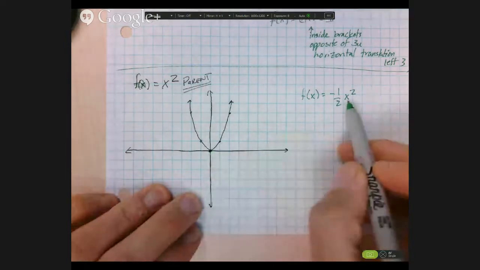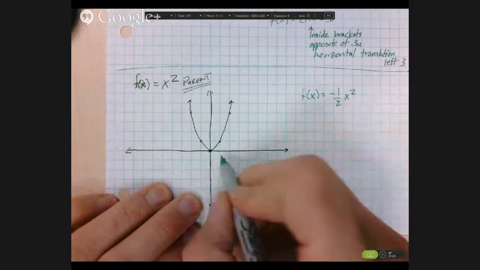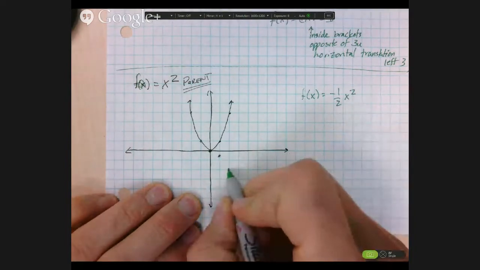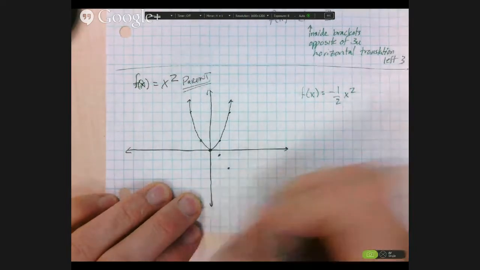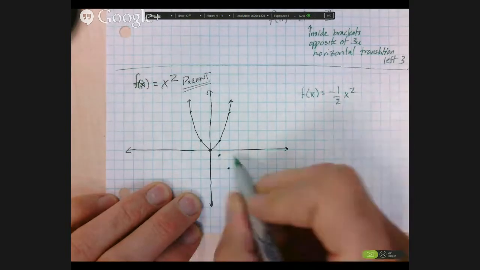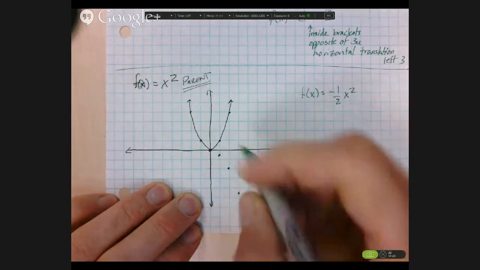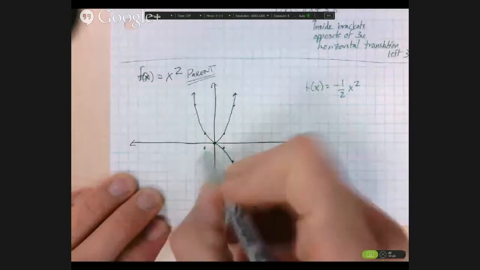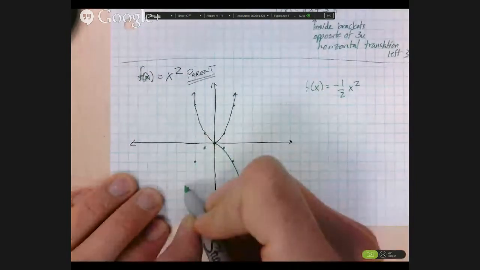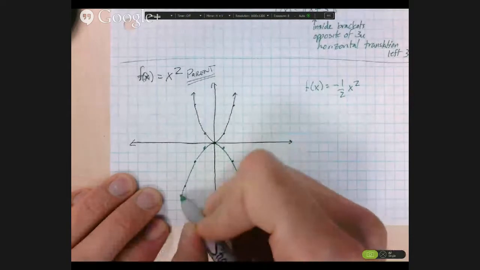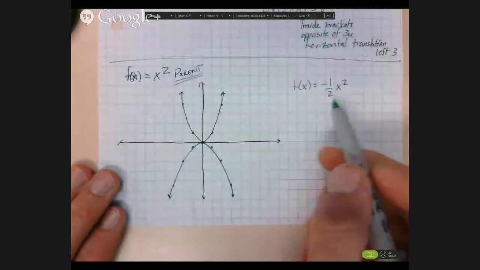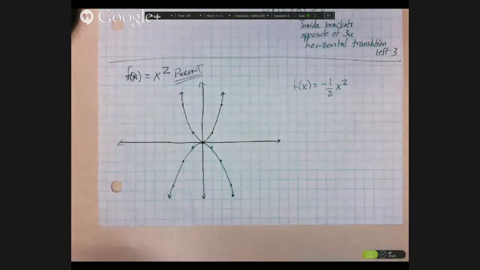So if I put a 1 in there for x, it gets me negative 1/2, 2, and then a 3, see how it gets wider faster? That's what a fraction does, but the negative flips it over.